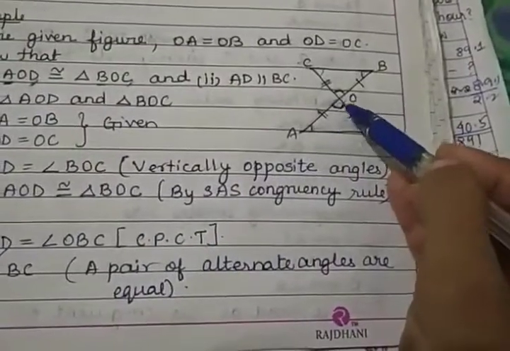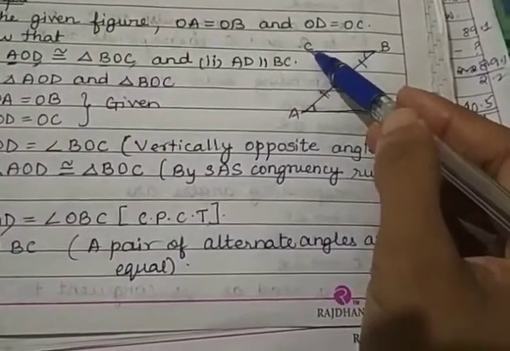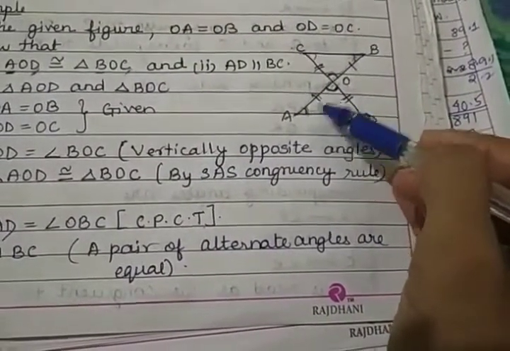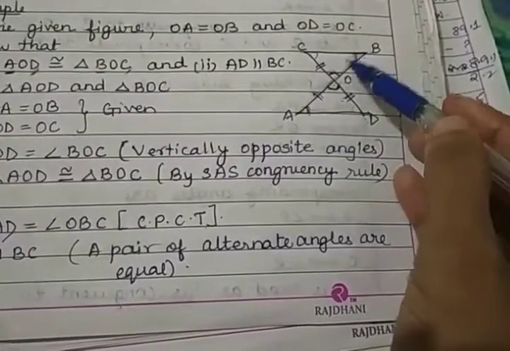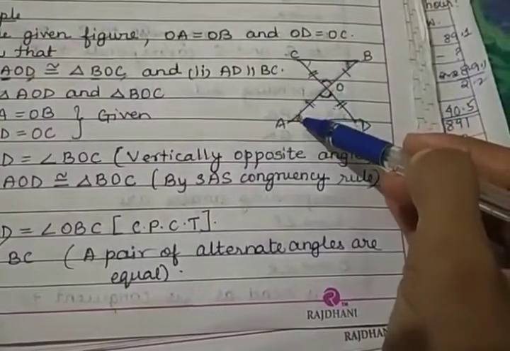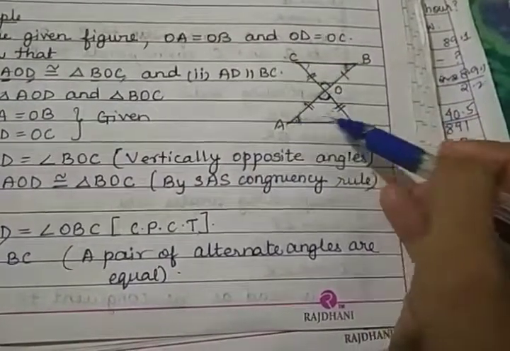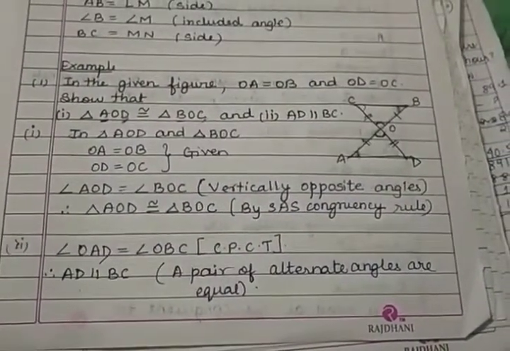So angle OAD is equal to angle OBC. Now these are nothing but a pair of alternate interior angles, correct? So since we have got one pair of alternate interior angles equal, I can say that BC is parallel to AD or AD is parallel to BC.